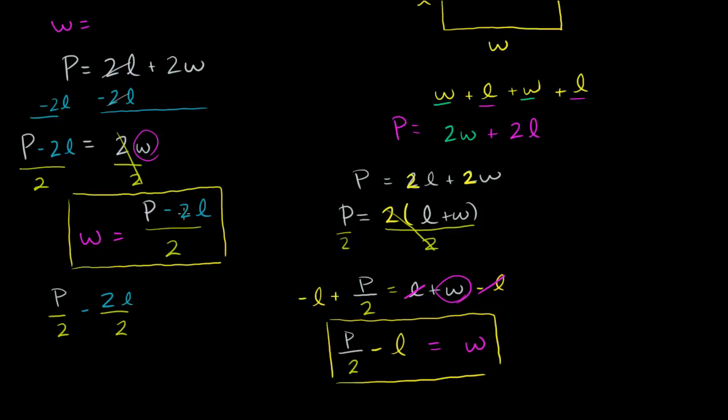Right? If I have a minus b and they're both being divided by 2, I can just separate. You can imagine I'm distributing the division by 2 right over here. And over here, 2 times L divided by 2, that's just an L. So this is going to be equal to P over 2 minus L, which is the exact same thing as this right there.